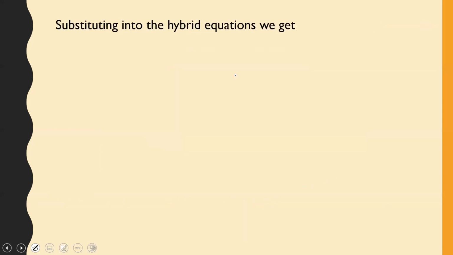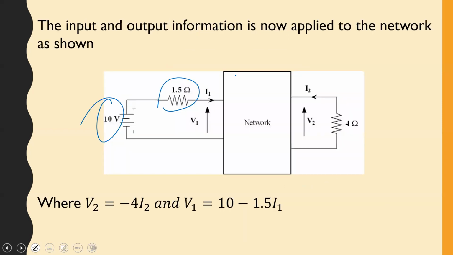So back to this. We have the input voltage and current, and we have the relationship between them. We have the relationship between the output voltage and current.